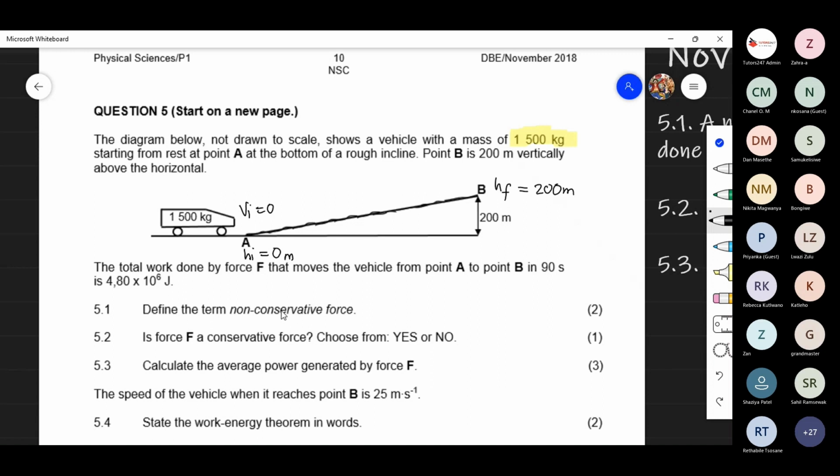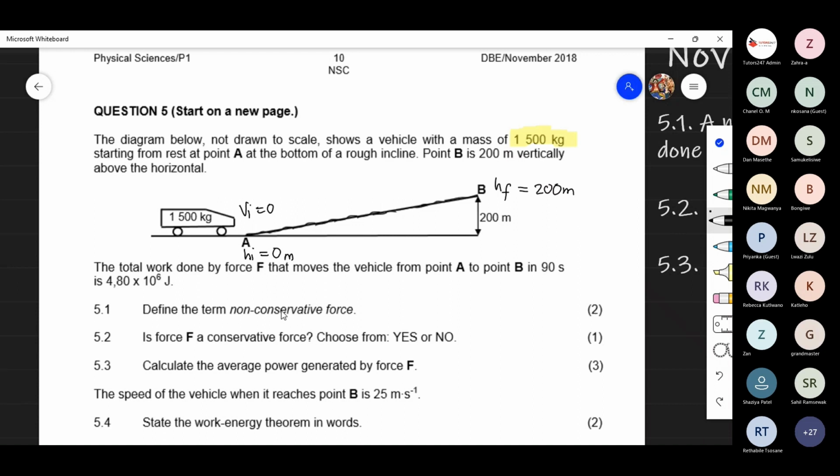So we now know that our object has a mass of 1,500 kg. The initial velocity is 0. The initial height is 0. And the final height is not 0, but 200 meters.